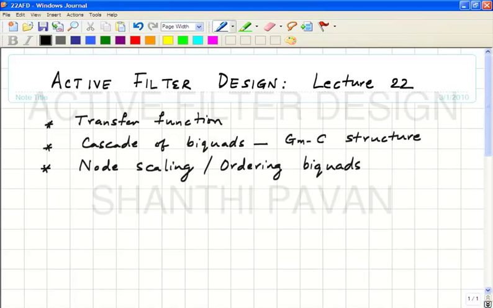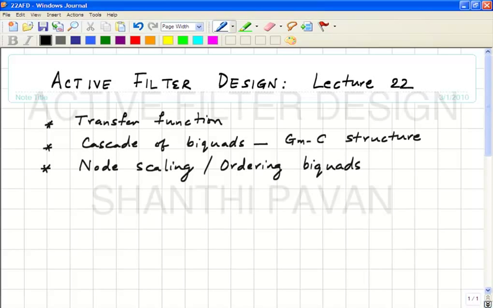As a small additional point, I would like to answer the other obvious question. We saw how to realize a big transfer function, break it up into a cascade of biquads and implement it using transconductor capacitor structures. Is it possible to do the same thing for a ladder? We realized a second order section with GMC structures. Now we have a higher order.